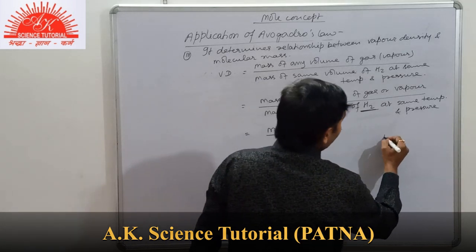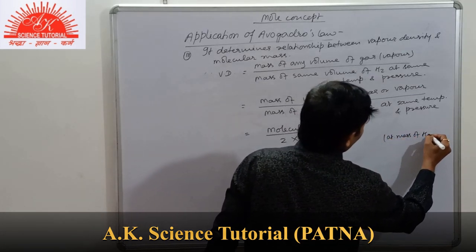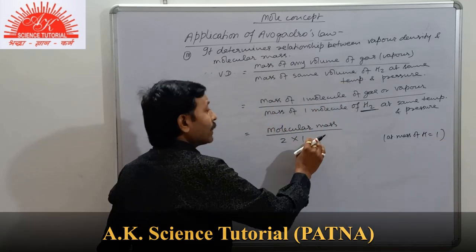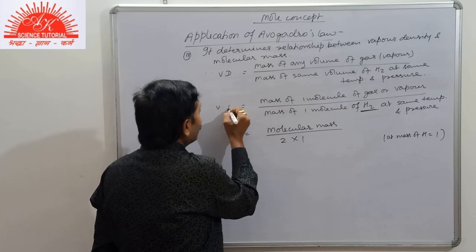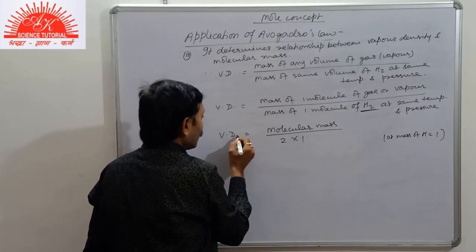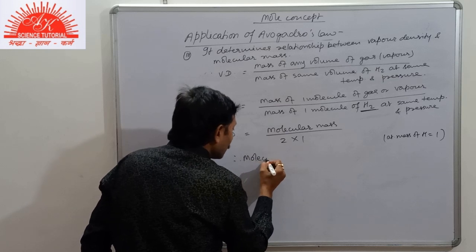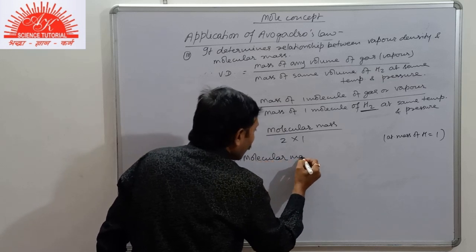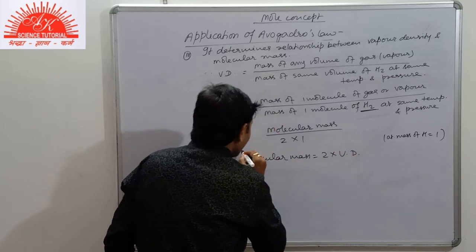The atomic mass of hydrogen is 1 and it is diatomic, so we can directly write like this. So what do you get here? We see that molecular mass is equal to 2 into vapor density.